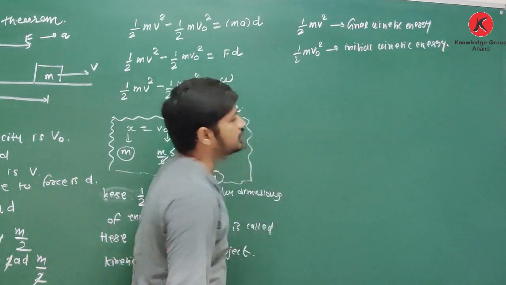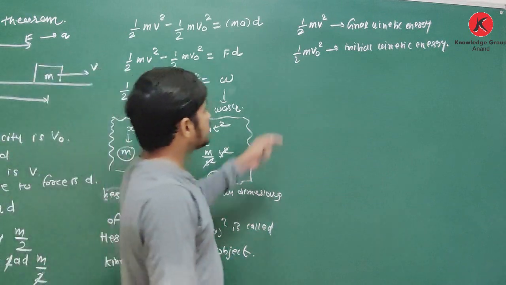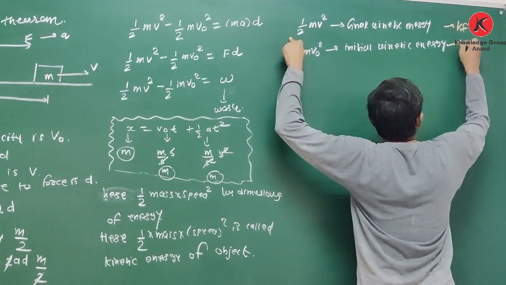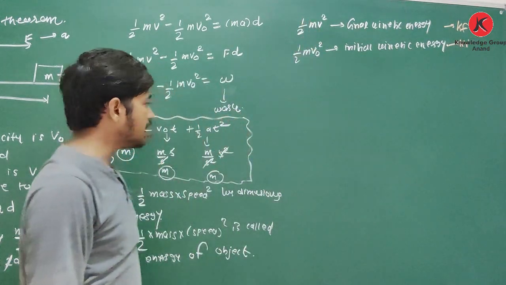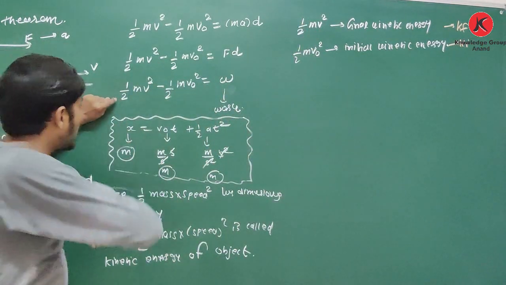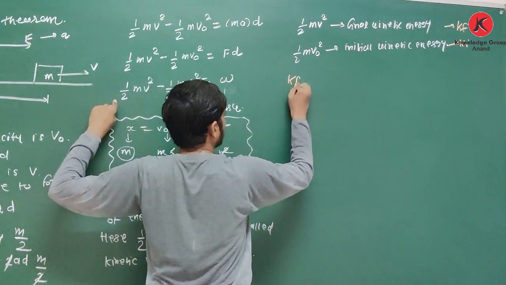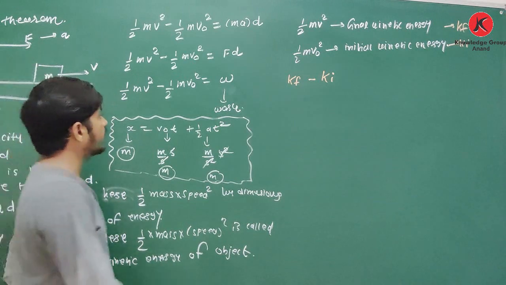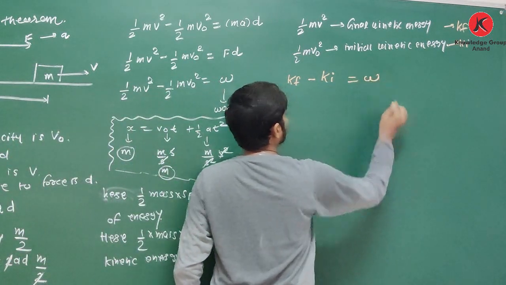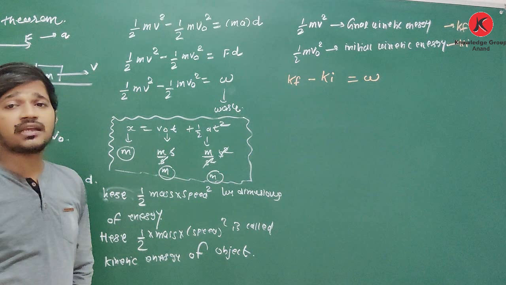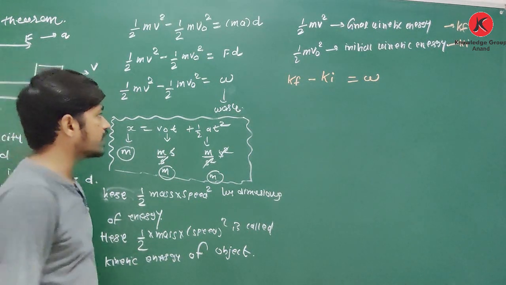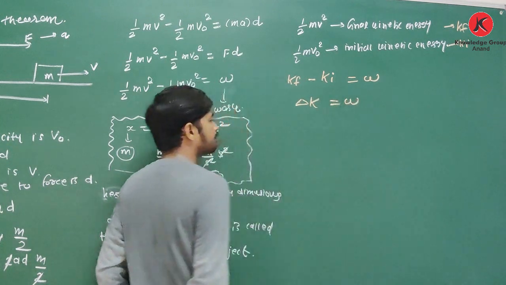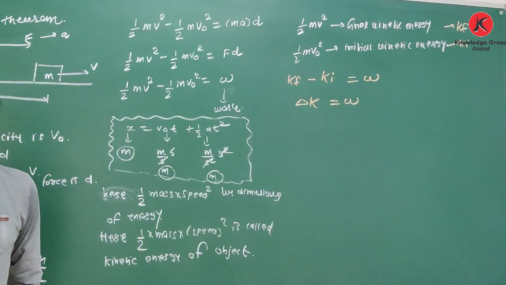So this final kinetic energy I can write as Kf, and this I can write as Ki. Half mv square I can write as Kf, minus half mv0 square which I can write as Ki. So Kf minus Ki is equal to W. Final kinetic energy minus initial kinetic energy is called delta K, is equal to W. Clear about this?